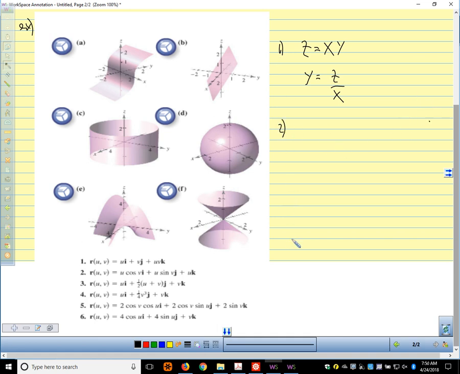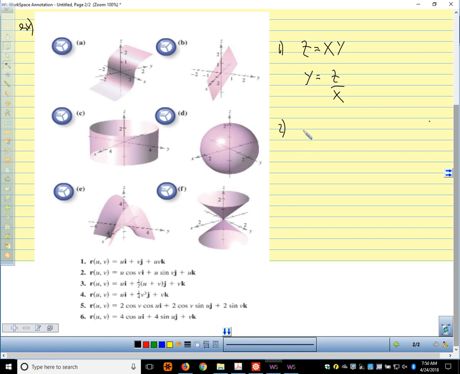Number two, we have r of u and v equals u cosine v, u sine v, and z equals u. Actually, the sine, cosine, and then a z. When we see sines and cosines, we should think of our Pythagorean identities.